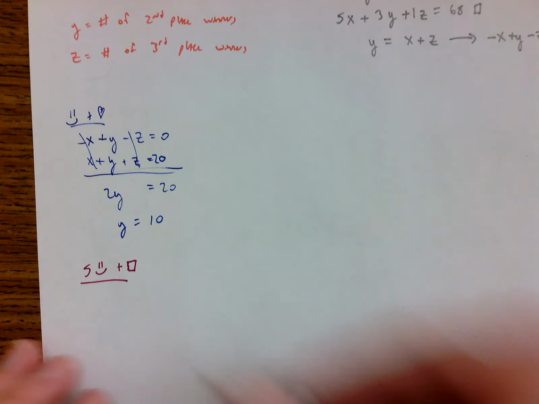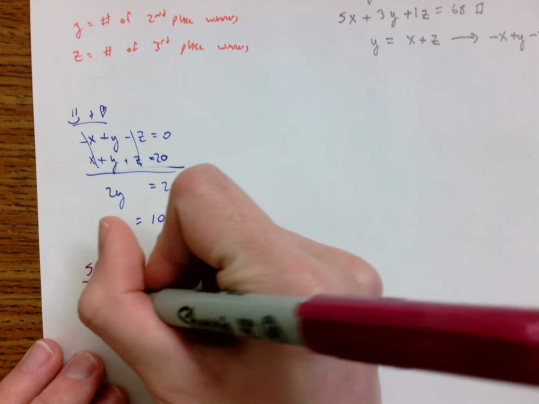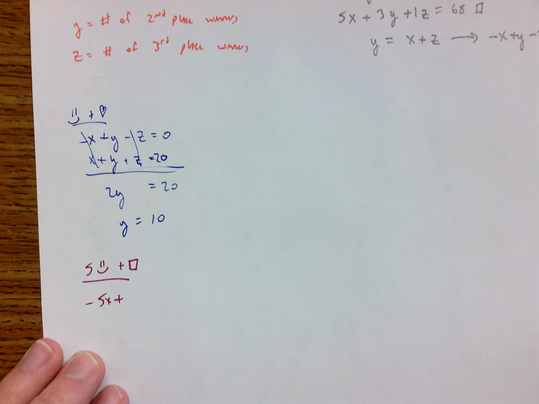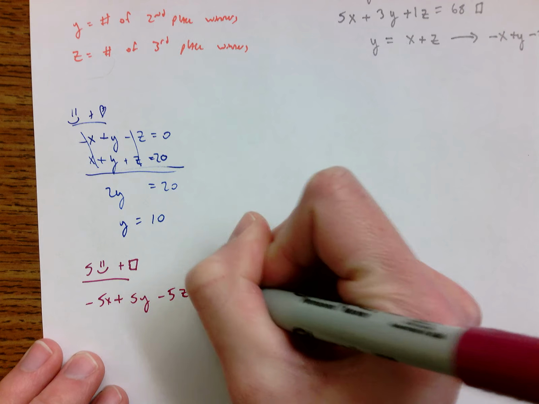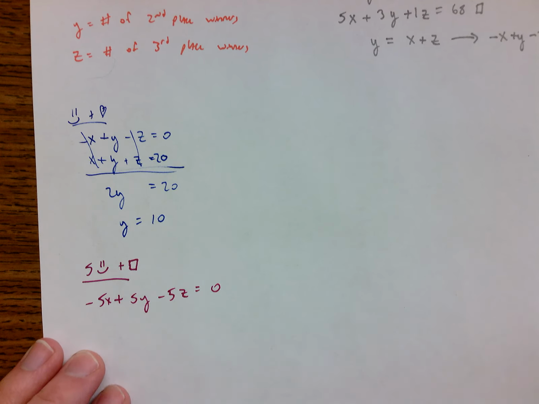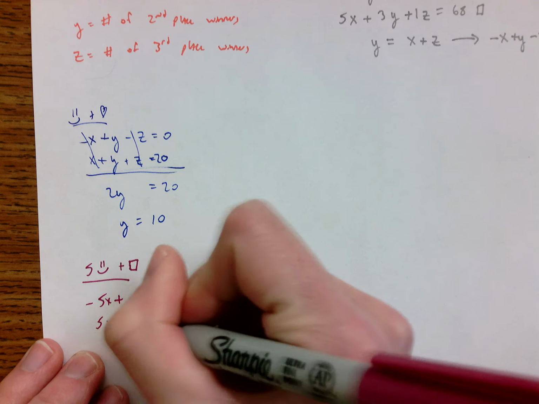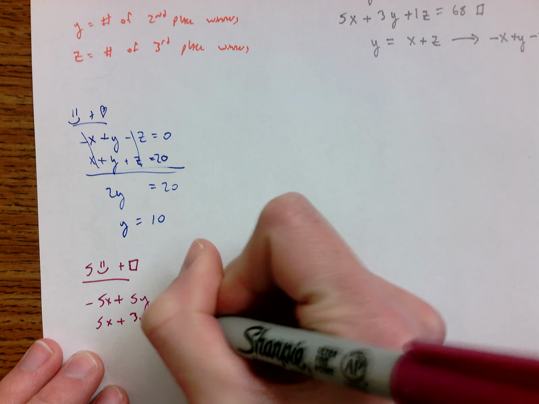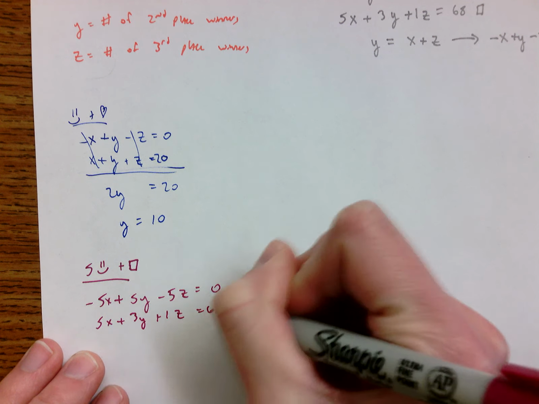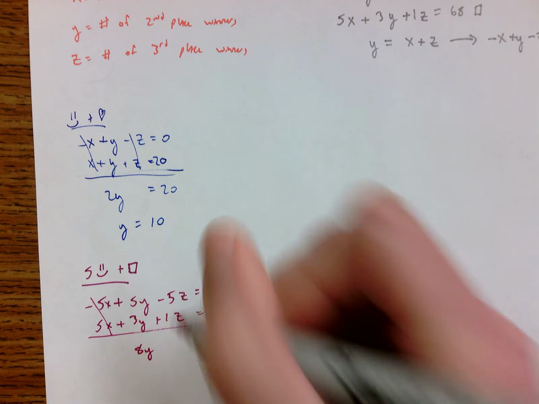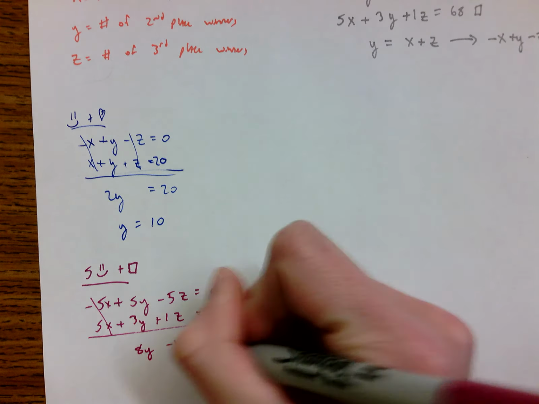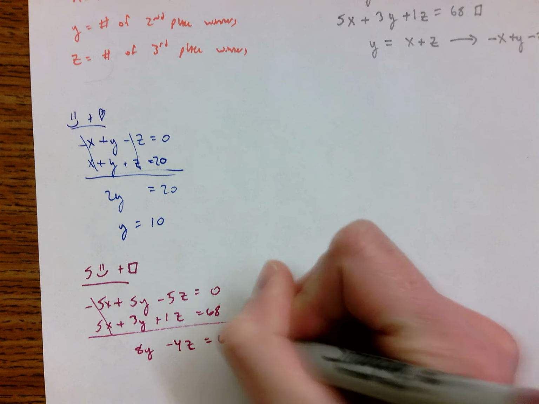There's many roads that'll get you to the same spot. So I'm going to get -5x plus 5y minus 5z equals 0. And then let's see, I'll copy square below that, and add these together. Those cancel. That's 8y. Those add to -4z, and that equals 68.